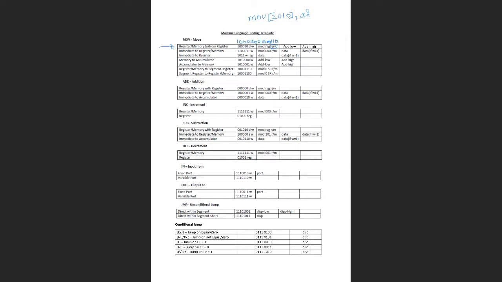The register or memory field is this one. As a direct address is given, it is 110. And now look at here, the offset address 2010. Address low will be 10H here, and then address high will be 20H.